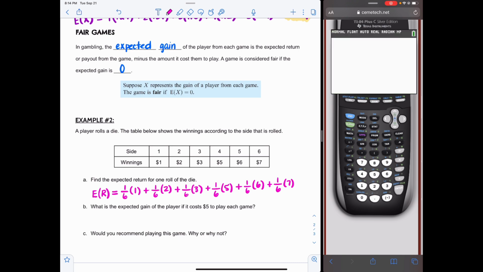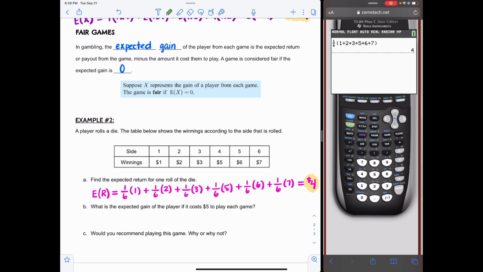If you multiply all of these values by 1/6, it is the same thing as 1/6 times the sum of those winnings. As you can see here, my expected return is going to be $4. So on average, I can expect to win $4 each time I play the game based off the winnings.